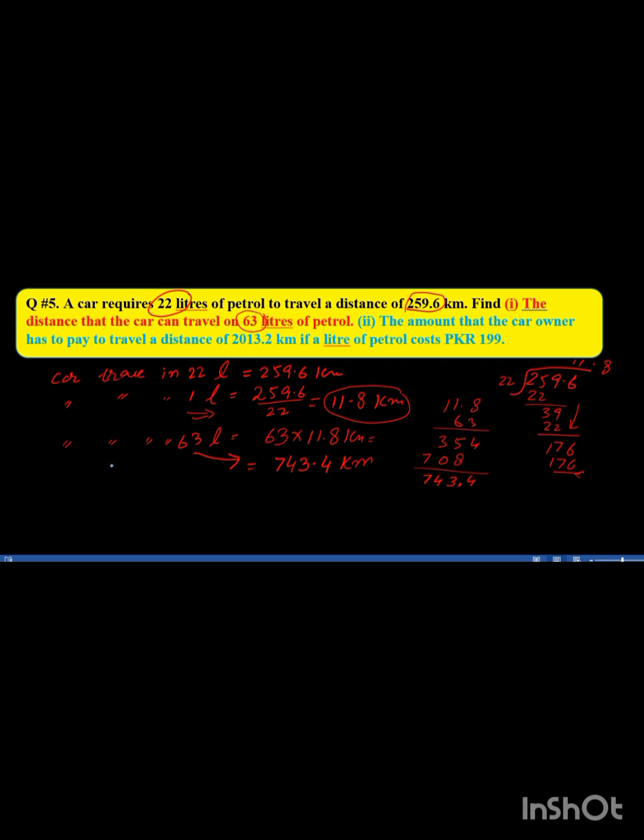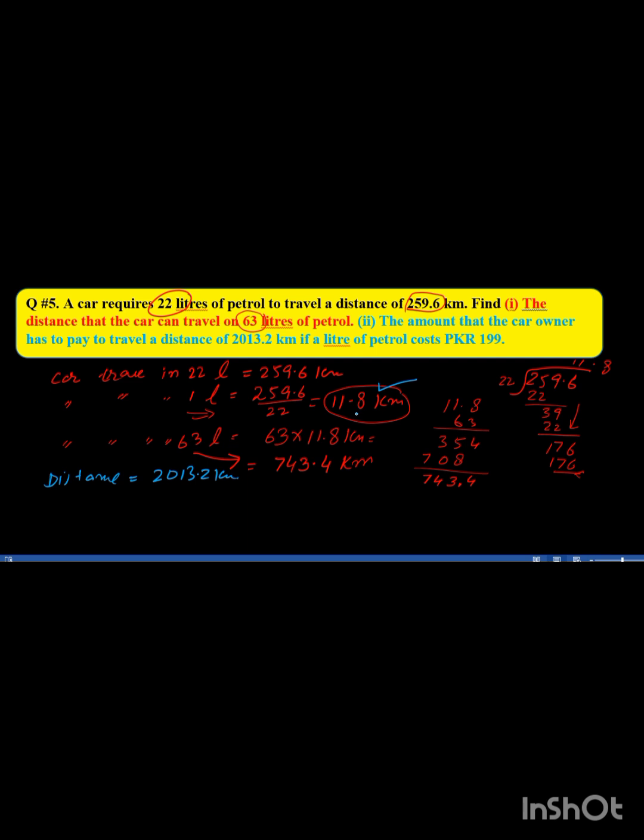The second question is the amount that the car owner has to pay to travel a distance of 2013.2 kilometers. Okay. Now, first we have to find how much petrol we require. As we already found, in 1 liter the car travels 11.8 kilometers.